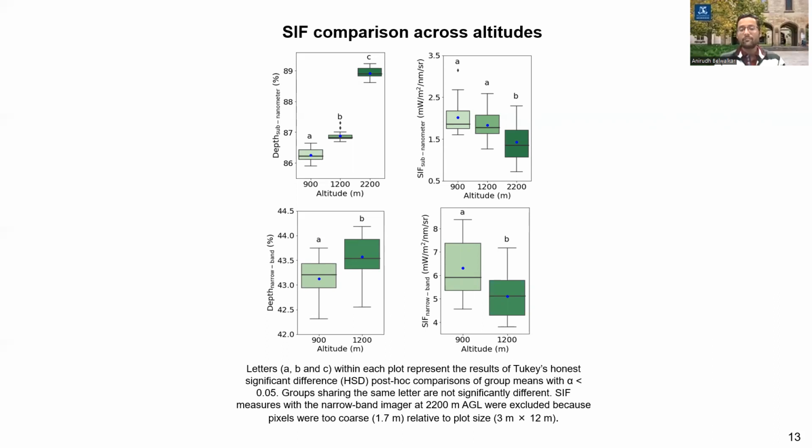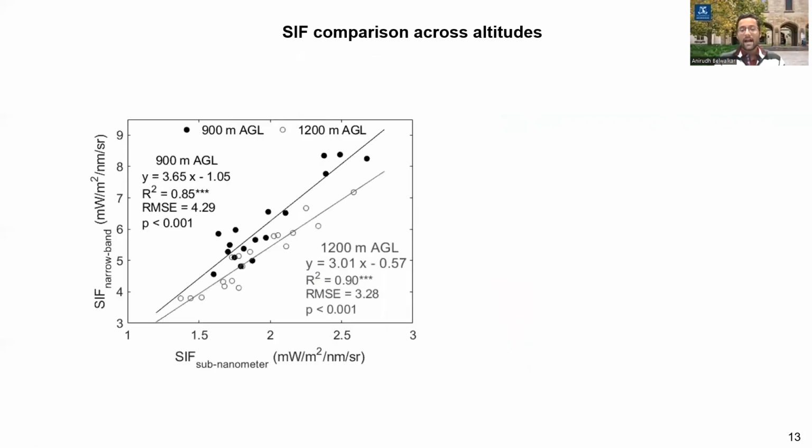The depth of O2A absorption feature increased while the SIF decreased with sensor altitude. At both 900 meter and 1200 meter altitude, SIF were significantly correlated across the two hyperspectral images. However, SIF at 900 meter showed a higher root mean square error, which can be attributed to the higher SIF levels obtained at lower altitudes, which were shown in the earlier slide.